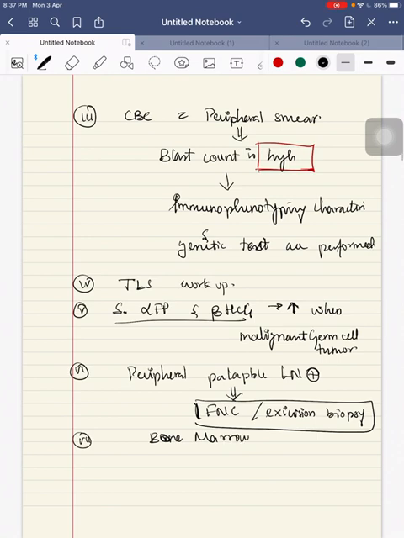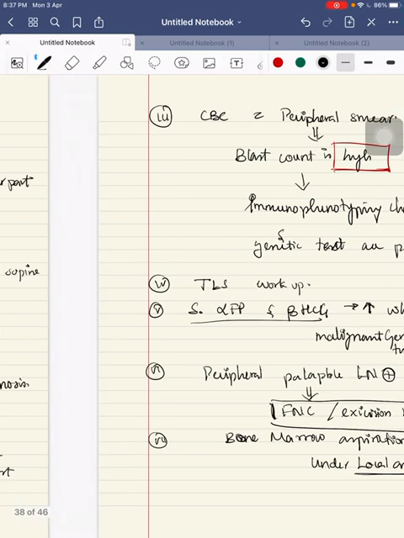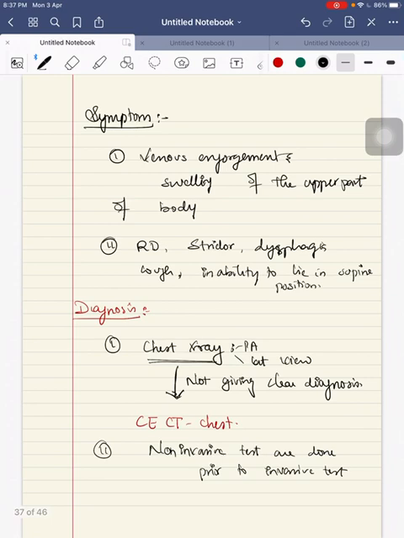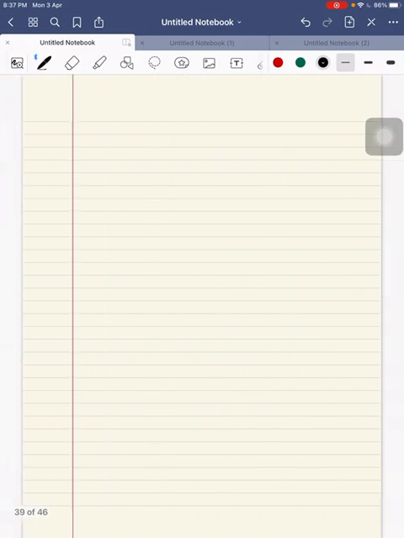If that is also not possible, you can carry out bone marrow aspiration or bone marrow biopsy under local anesthesia. So this is the way you diagnose lymphoma or leukemia in children presenting with superior mediastinal syndrome.